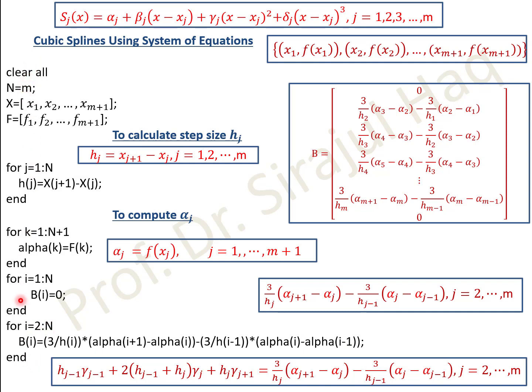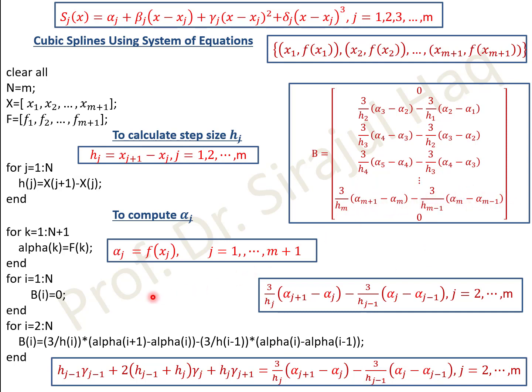If you look at it, this will give you b of m equal to 3 divided by h of m multiplied by alpha m plus 1 minus alpha m, minus 3 divided by h of m minus 1 multiplied by alpha m minus alpha m minus 1, which is the equation that appears over here.